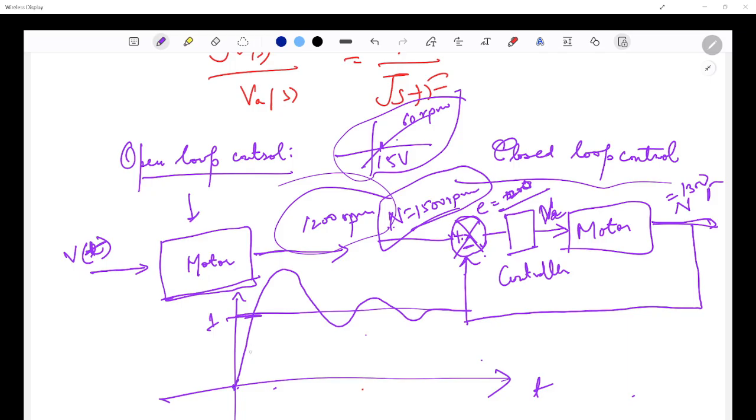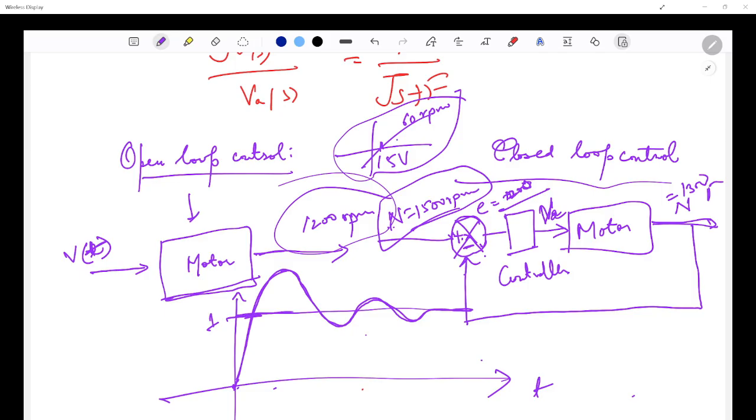My controller worked in such a way that it overshot the value. There is some overshoot coming in, and then the oscillations damped, and it finally converged to the steady state value. So you see the error is decreasing over time.